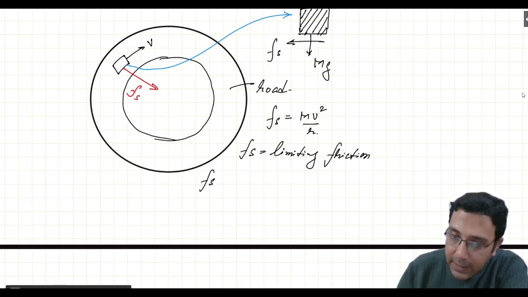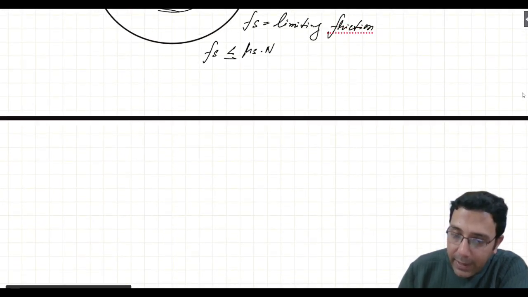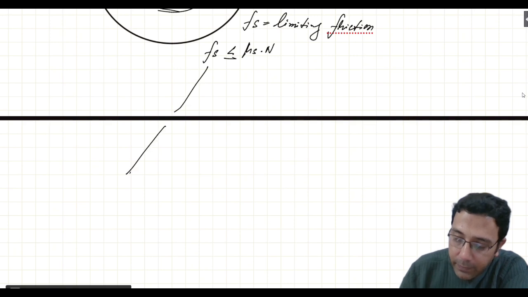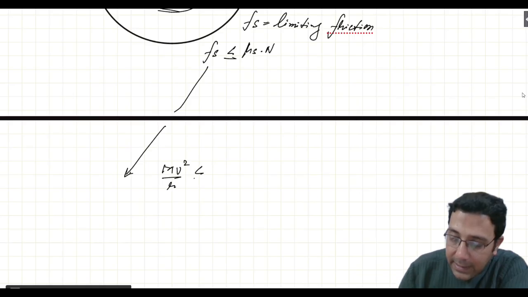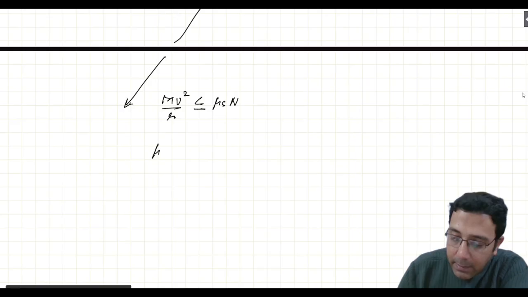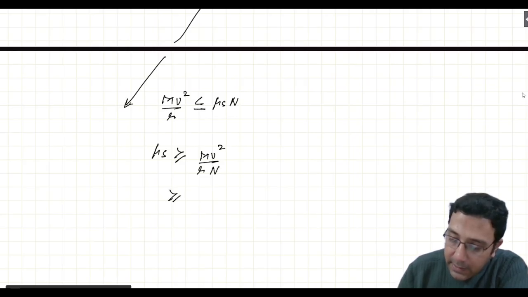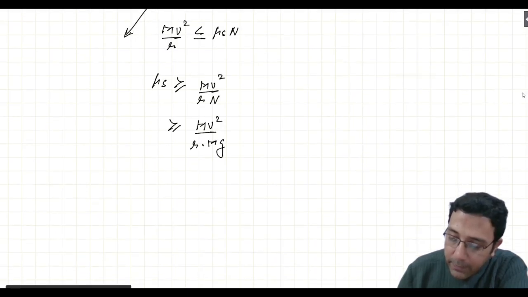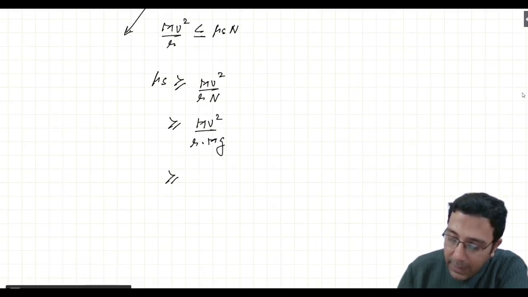So fs is less than or equal to mu s into n. Now we can write from here that mv square by r is less than or equal to mu s into n. So I can write that mu s is greater than or equal to mv square by r into n, which is mv square by r into mg, where m gets cancelled, so v square by rg.